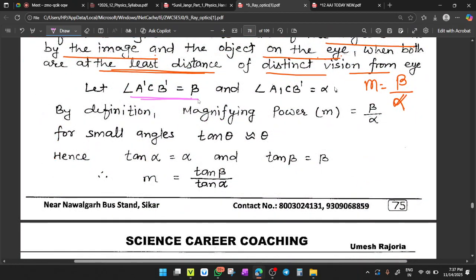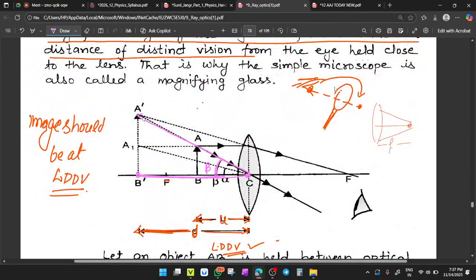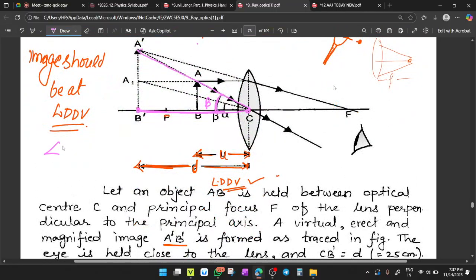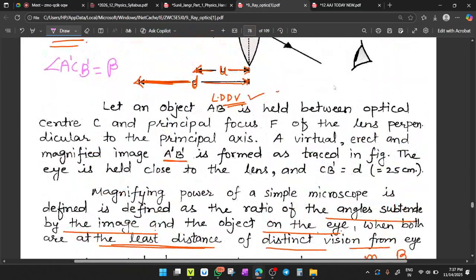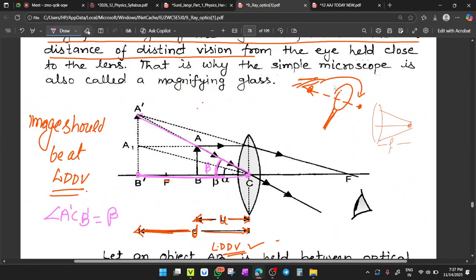Now angle A' C B' equals beta, from the diagram. Clear? And your object should be placed at least at the distance of distinct vision.